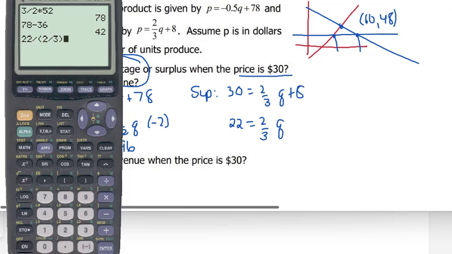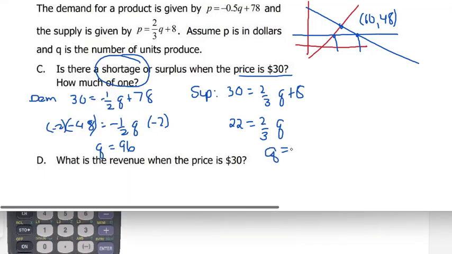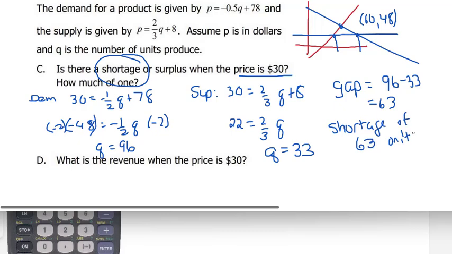Notice I put that 2/3 in parentheses and I get 33. Okay, so we need to measure our gap. Our gap is going to be 96 minus 33, which is 63. So we're going to have a shortage of 63 units.